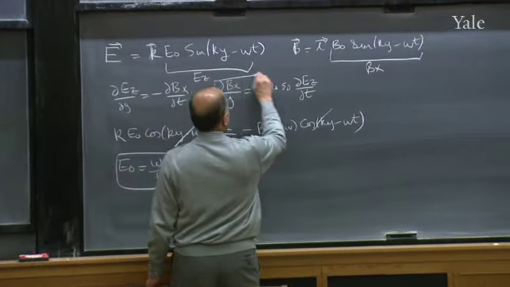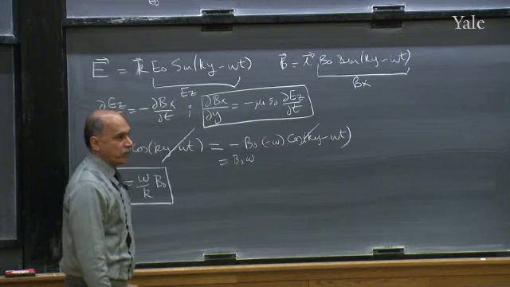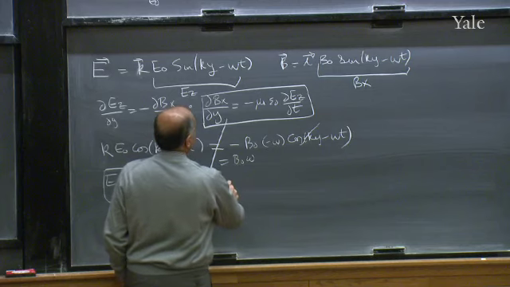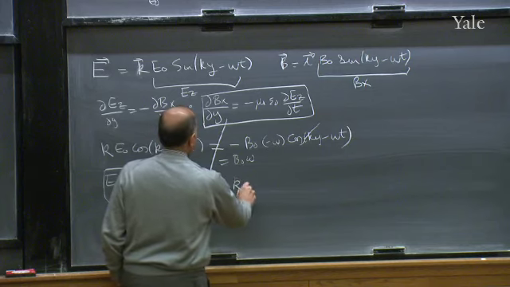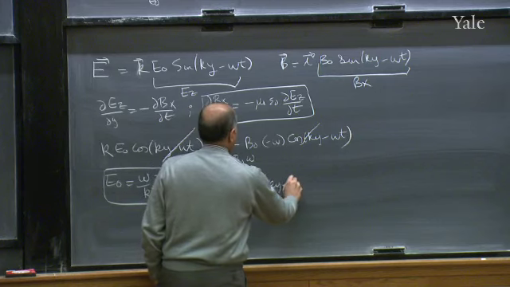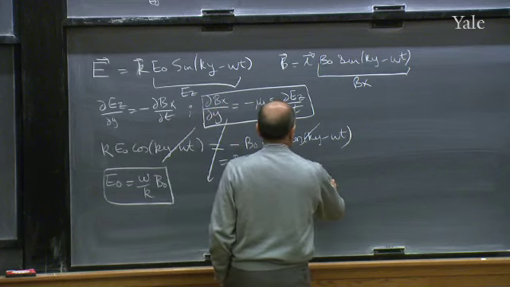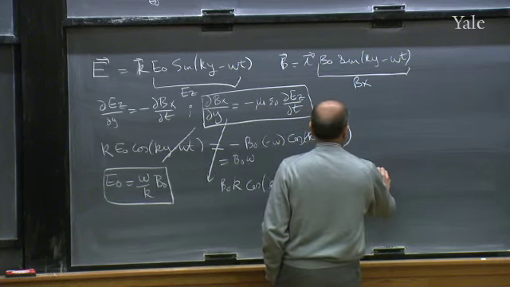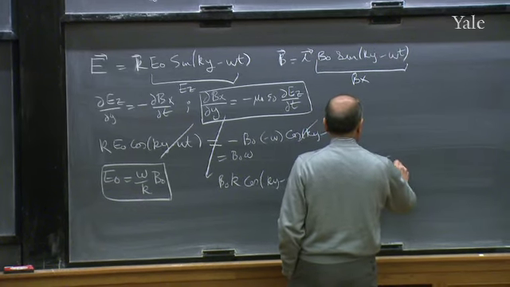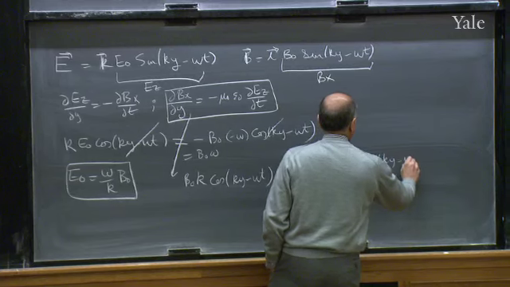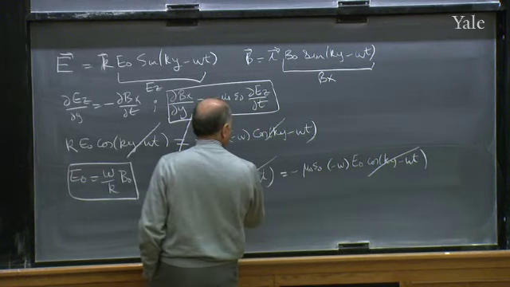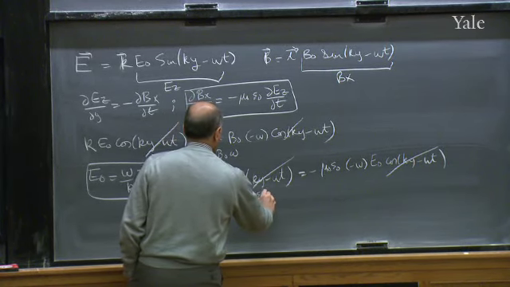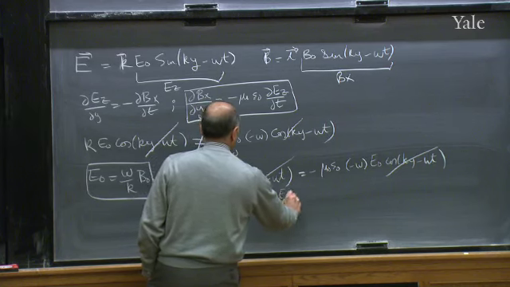So I want to take this condition now. So dBx dy, what is that equal to? B0 k cosine of ky minus omega t is equal to minus mu 0 epsilon 0 dEz dt, which will be minus omega E0 cosine of ky minus omega t. Cosines cancel. Then I get a condition B0 k is equal to mu 0 epsilon 0 omega times E0.